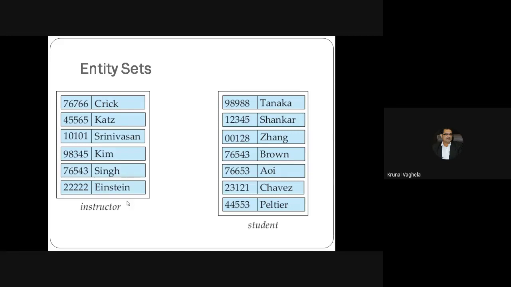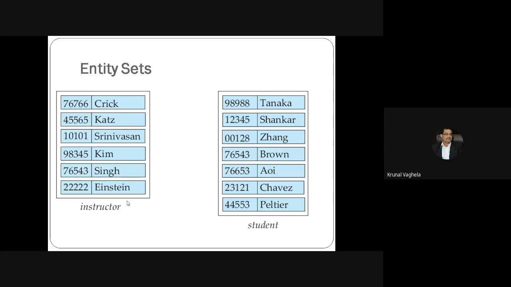So see, these are the various entity sets. On the left hand side, you can view instructor. Instructor means teacher. So one is instructor ID and the other teacher name. So Craig, Katz, Srinivasan, Kim, Singh, Einstein, all are teachers, instructors. So it is a set of instructors. So Craig is an entity, Katz is an entity, Srinivasan an entity, Kim, Singh, because these are individual instructors.